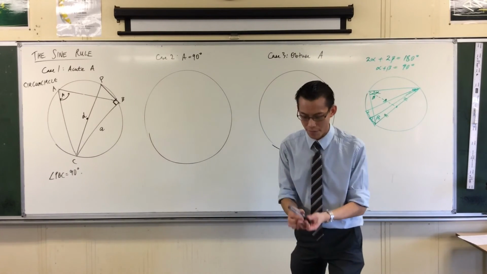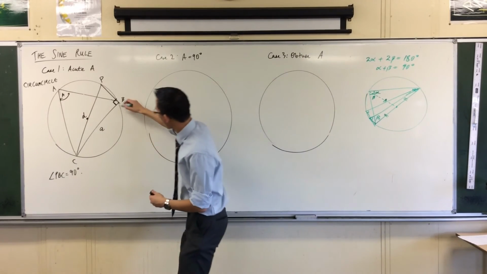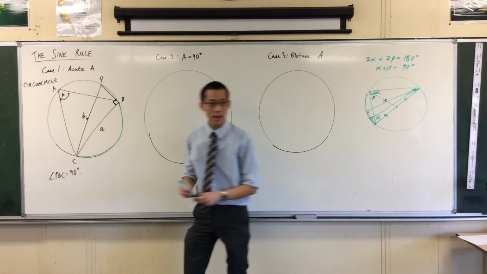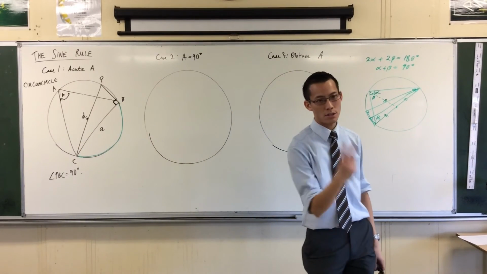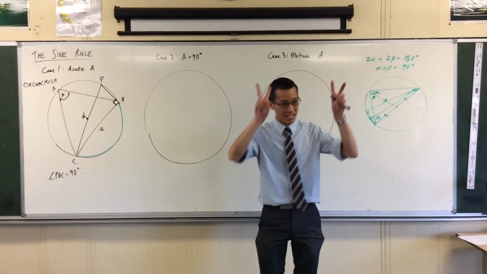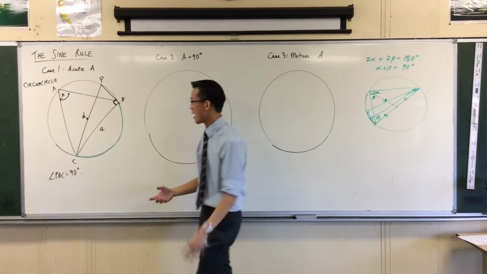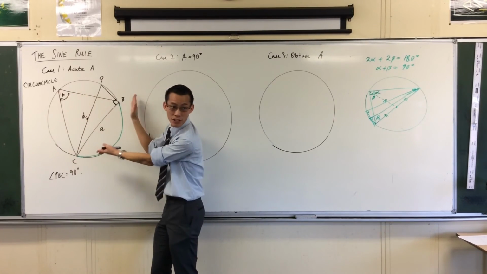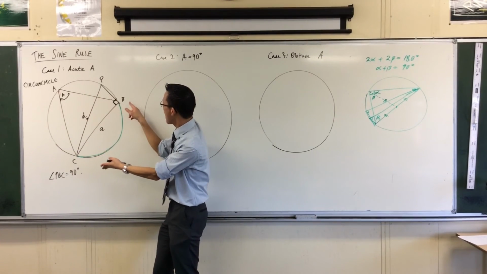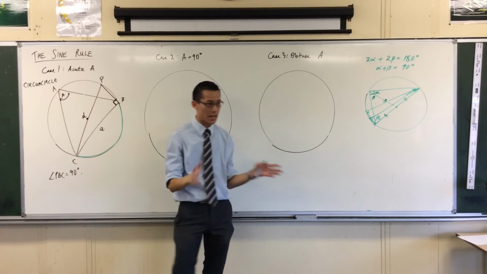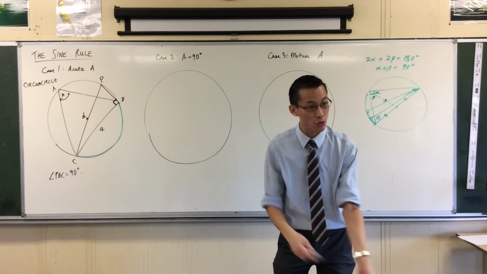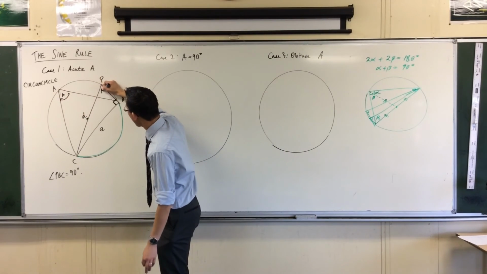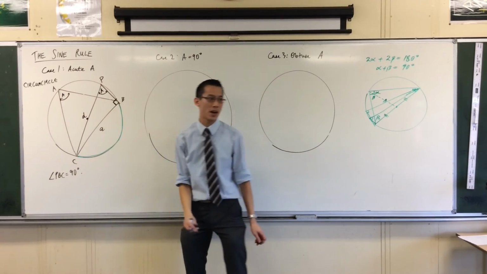Because of this arc that's around here, see that arc there? I have two angles that are what we call standing on the same arc, like legs standing on this arc. You can see BAC is standing on this green arc, and BPC, same arc. So therefore they should be equal. So if I've got A up there, I should have A in here as well.